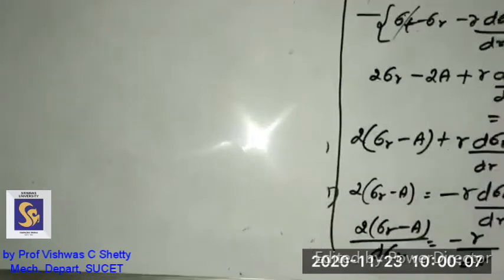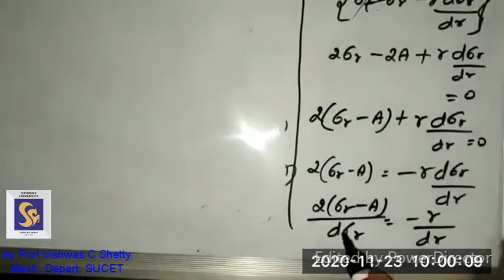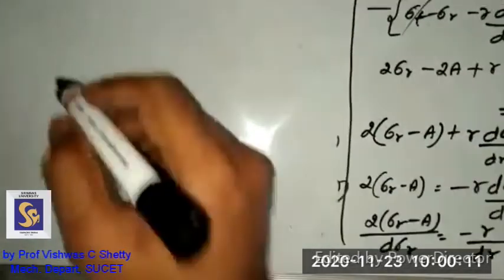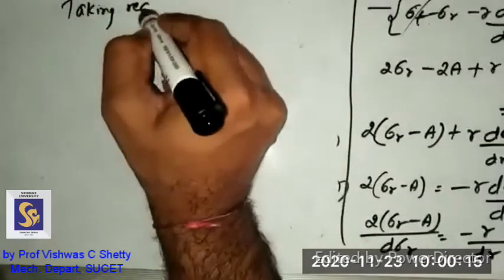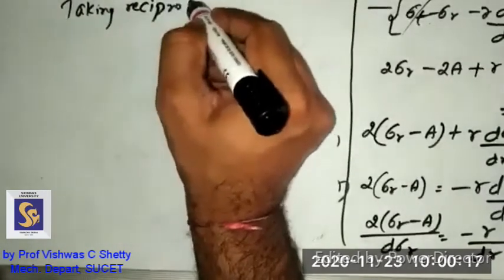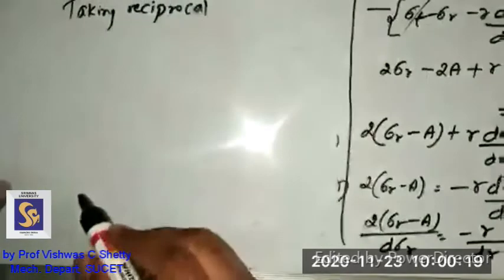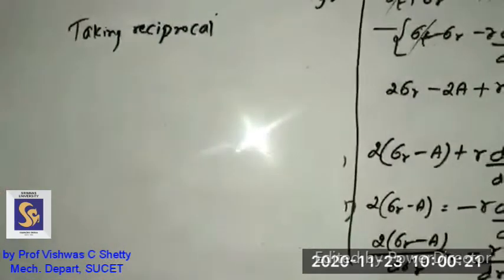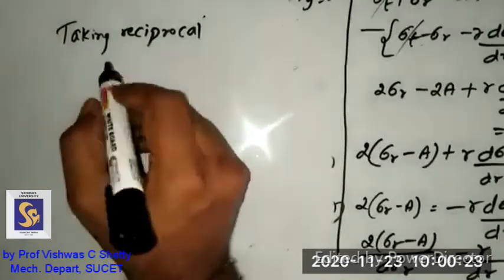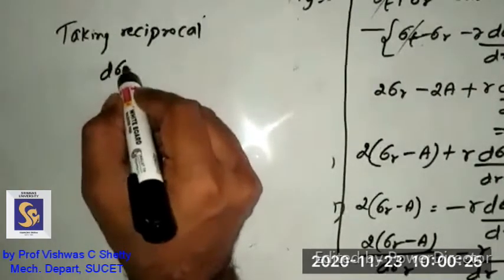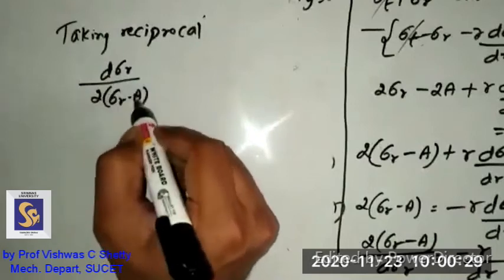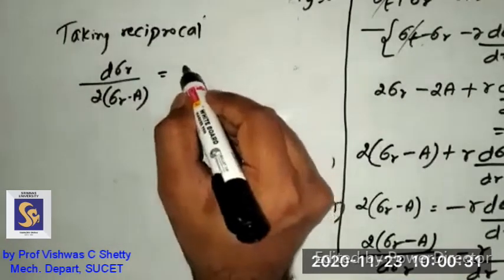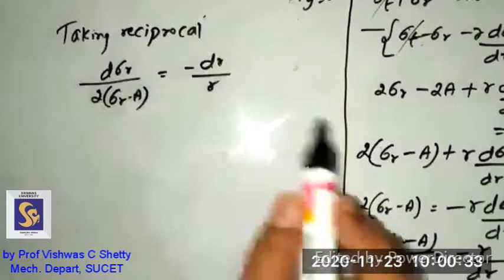Okay. Now, taking the reciprocal of the previous equation, the denominator will come to the numerator: 1 by sigma r minus a equals minus dr upon r d sigma r.